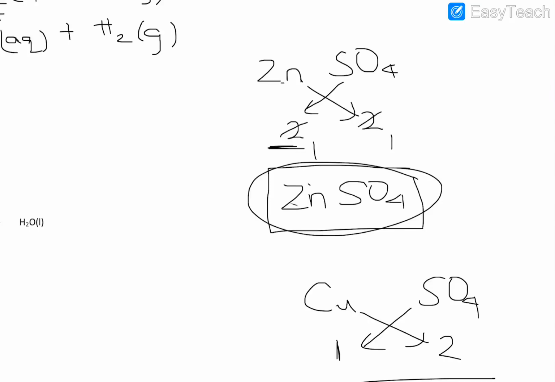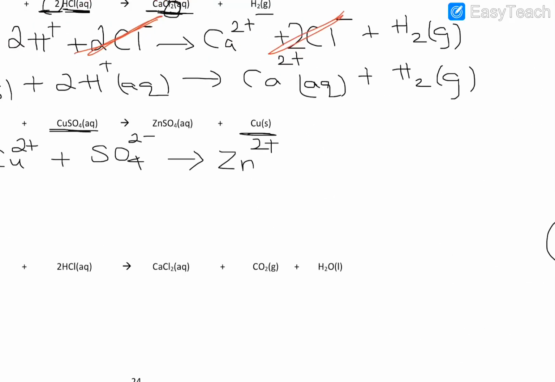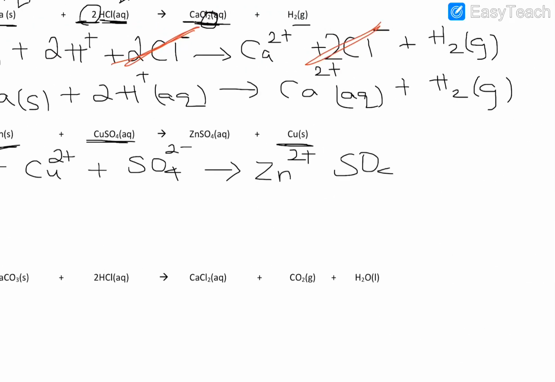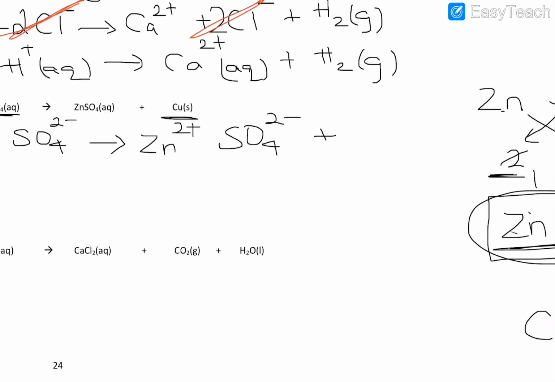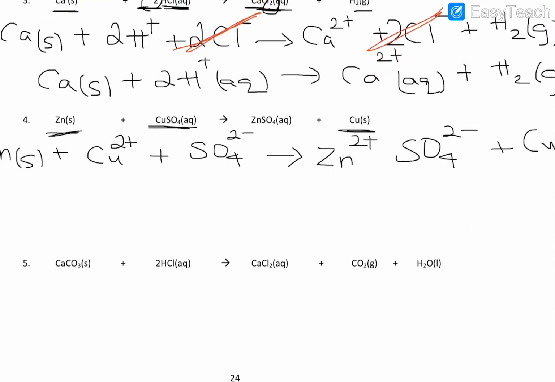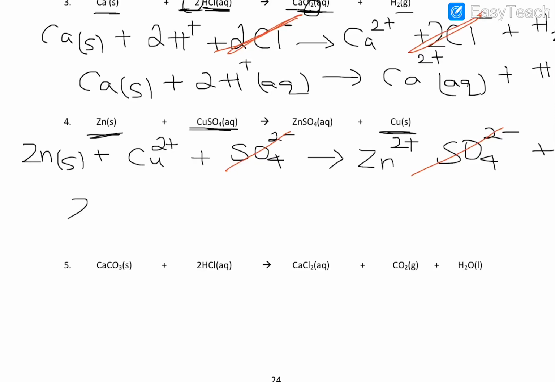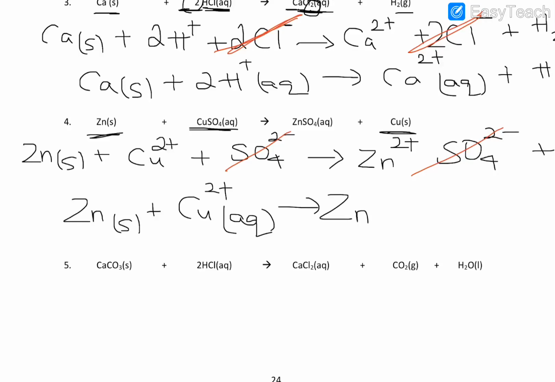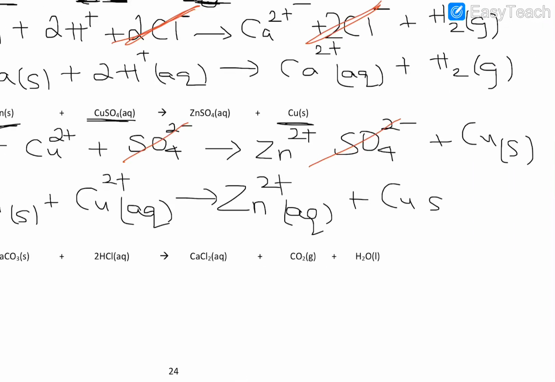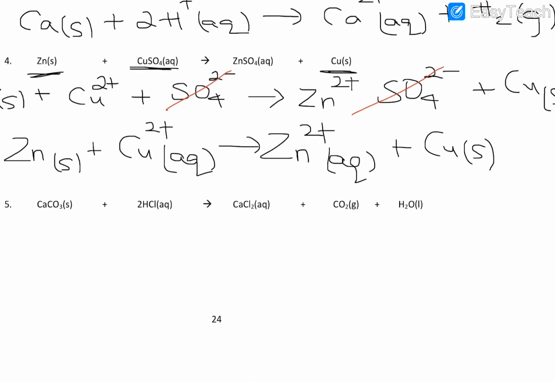And we know it has valency 2 because the 2 cancel out. SO4 2 minus and Cu solid, this will not split. What cancels out is the SO4 and then everything else remains there. So Zn solid plus Cu2 plus aqueous gives Zn2 plus aqueous plus Cu solid. This is the ionic equation.